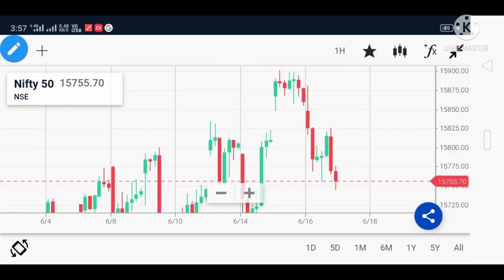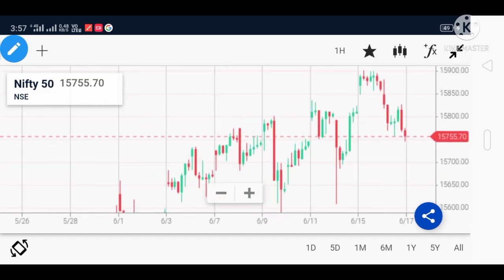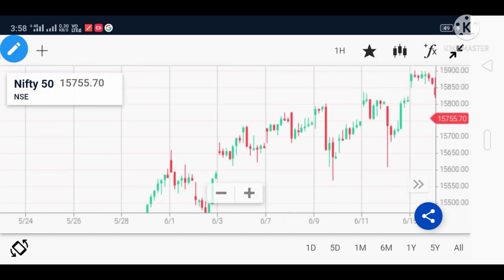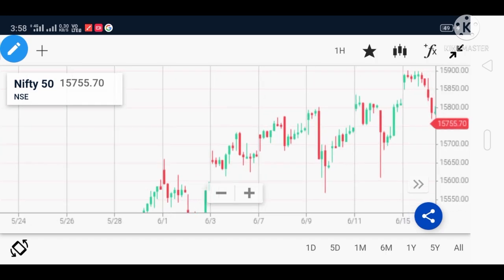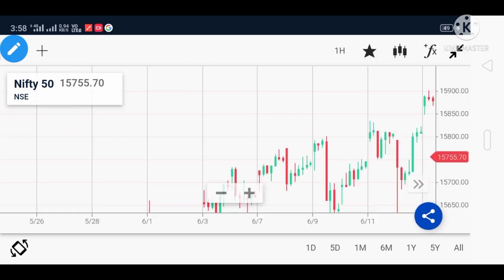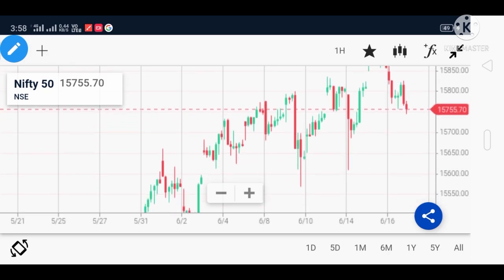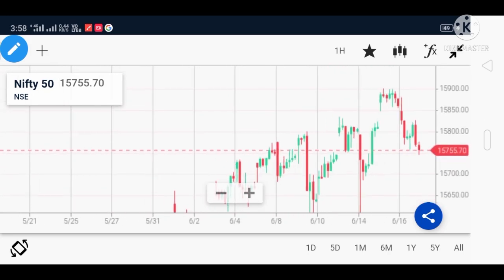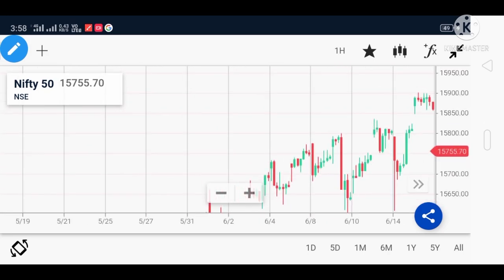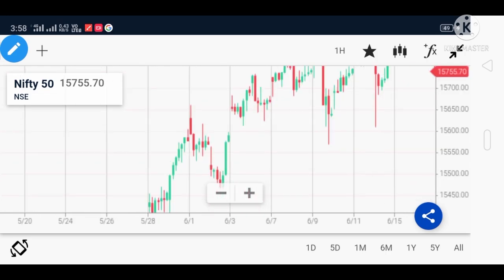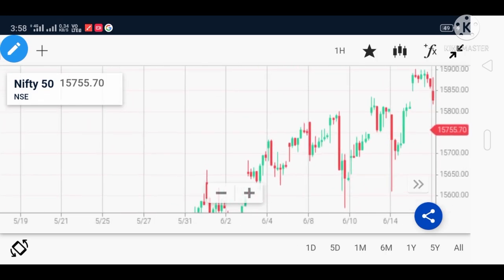So now think that today is 8:30, okay, and the market will look something like this, okay. Nifty will look something like this.